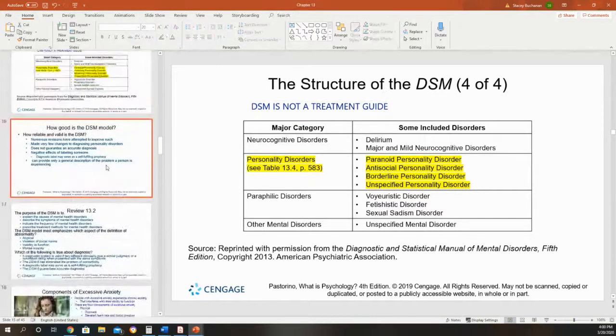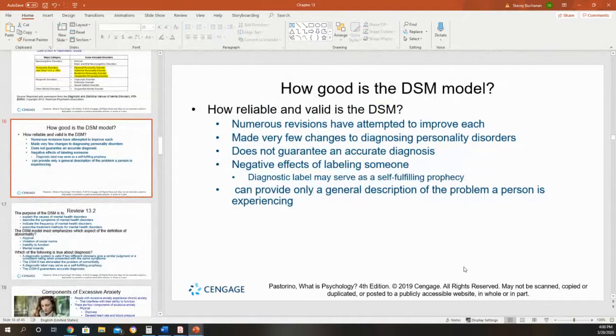So how good is it as well? That's easy to answer and hard to answer because it's good to a point. I'll explain what I mean by that. We talked about reliability and validity in chapter 8 when we talked about intelligence testing.